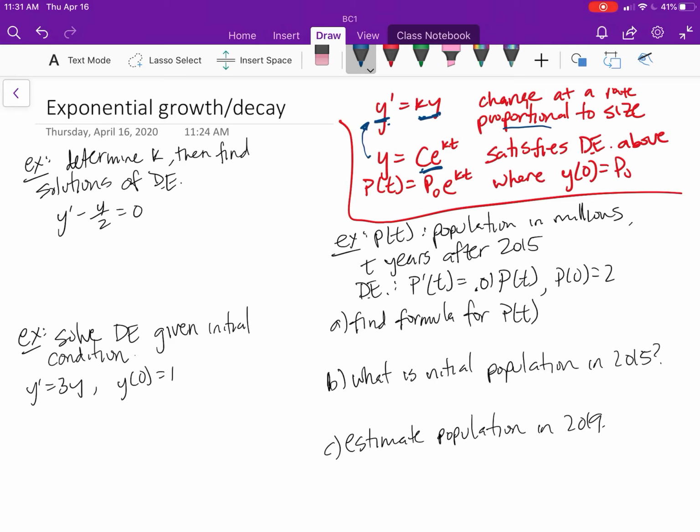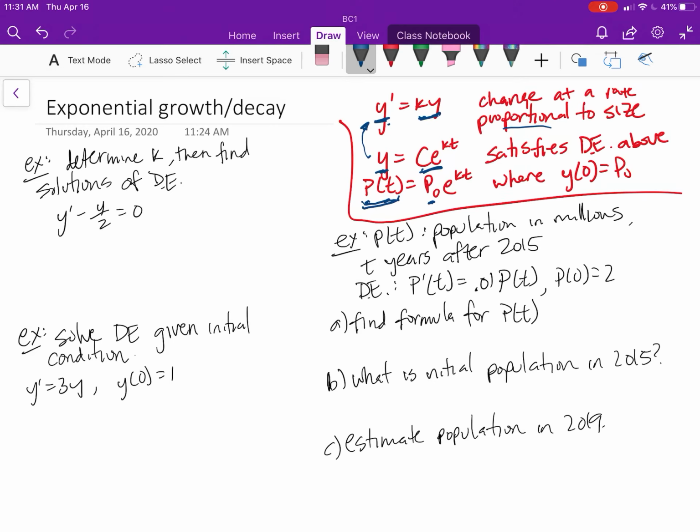And the last thing I wrote is just another way you may come across this same formula with different variables, because it has a lot of applications with population. So we're saying population at time t, which really, this is function notation, right? P of t really just means y, is equal to p naught.